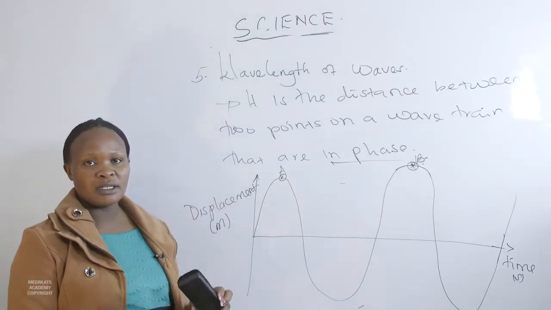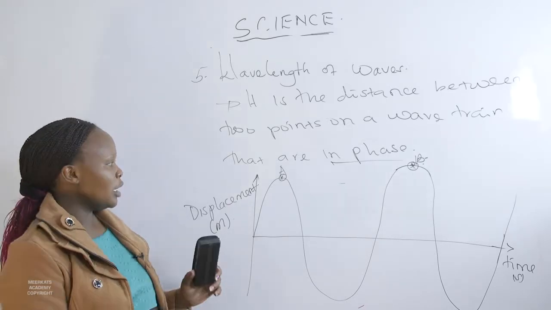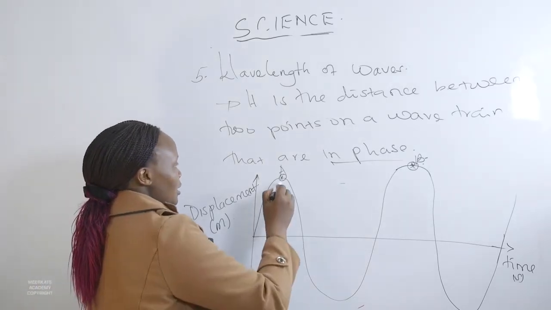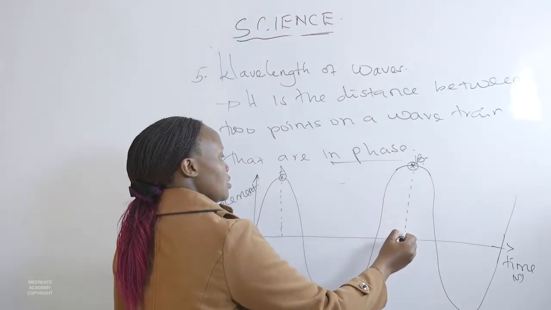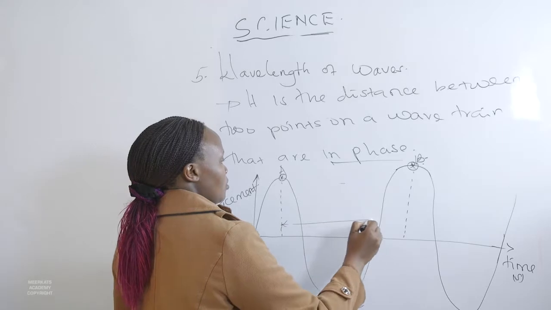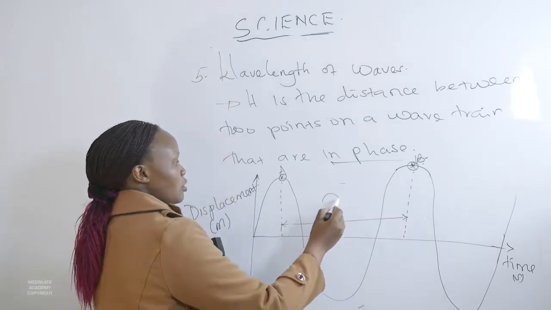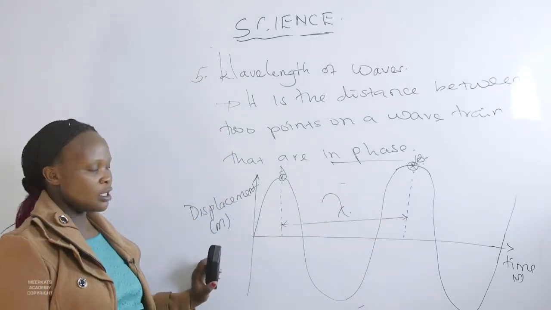That is why we say the distance between them is what we call the wavelength.